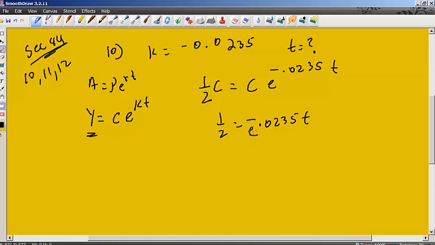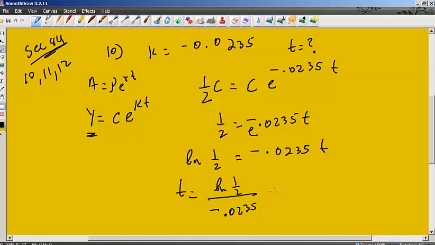Now I've got to bring this thing down into the front, so that means I'm going to ln both sides. So ln of 1/2 is equal to negative 0.0235 T. Therefore my T is equal to ln of 1/2, all that over negative 0.0235.